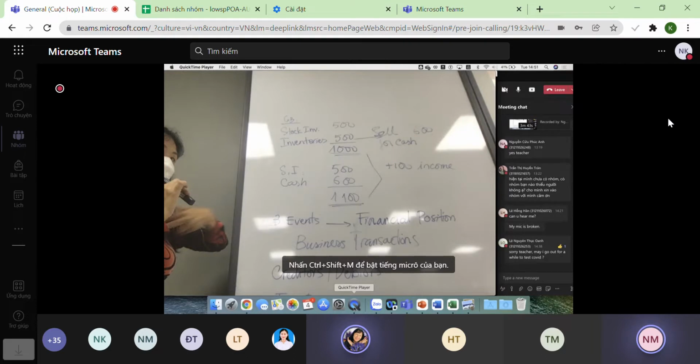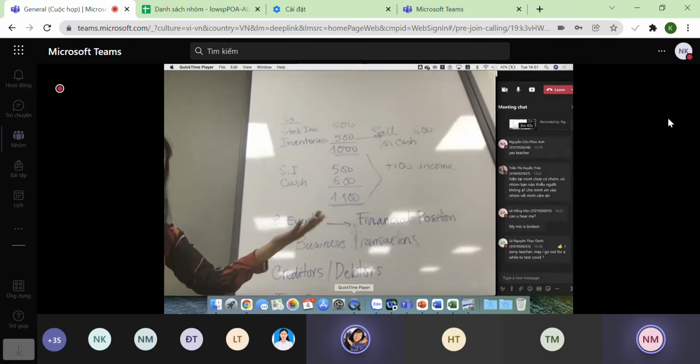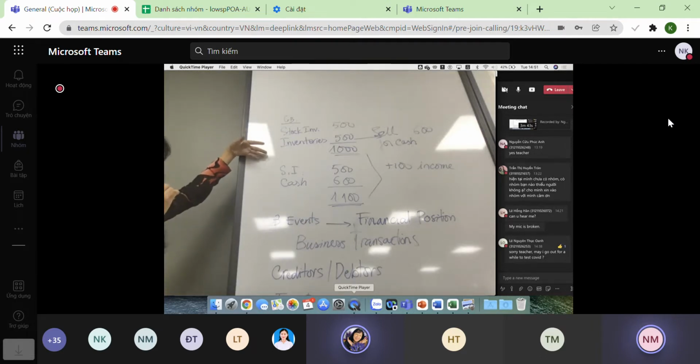And plan B, they call for investment from the investors, for example, issuing shares in the stock market to raise funds for the company. There are two plans, right? Plan A and plan B.